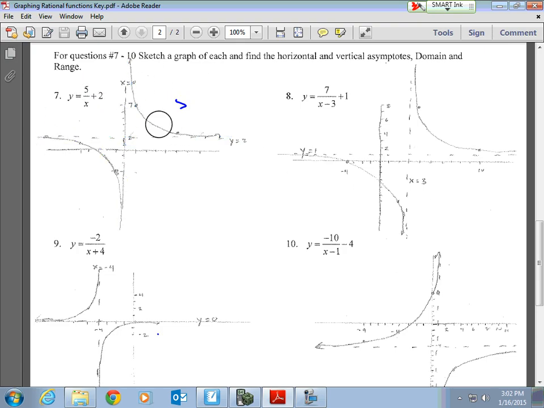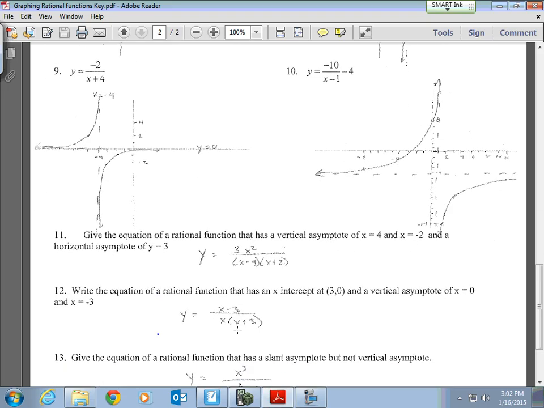Now questions 9 and 10. Question 9, same idea. First step, my vertical asymptote shifts left 4. My horizontal asymptote doesn't change. It's still at y equals 0. From my shifted origin, when x is 1 and y equals 2 over x, y would be 2, but it's a negative 2.